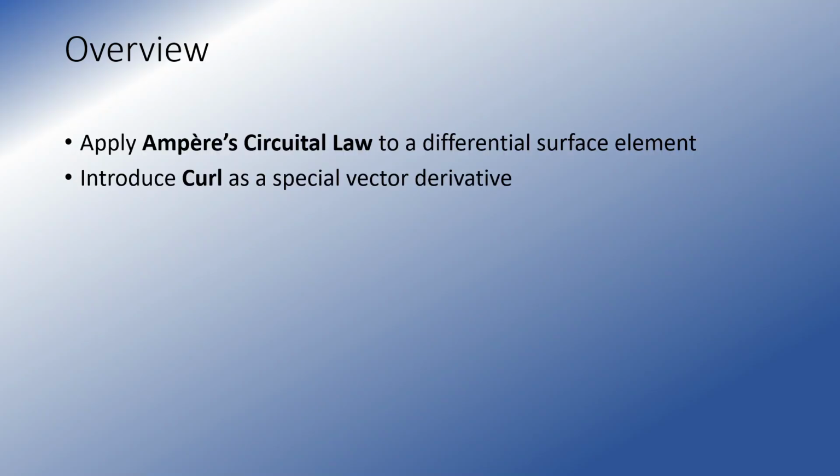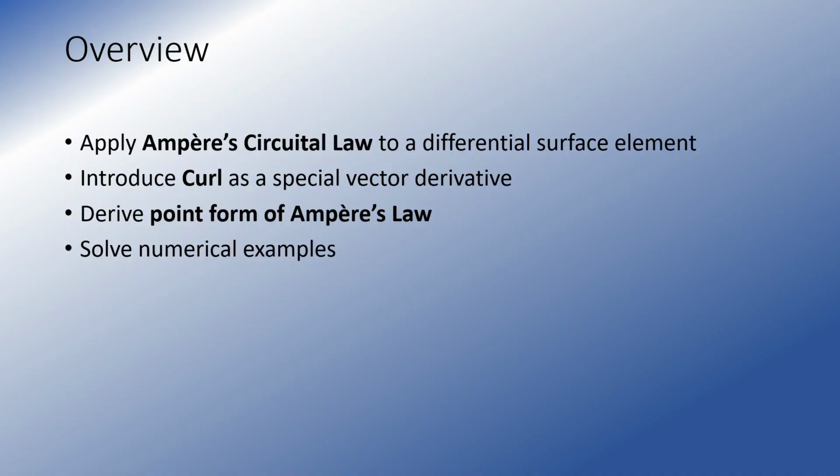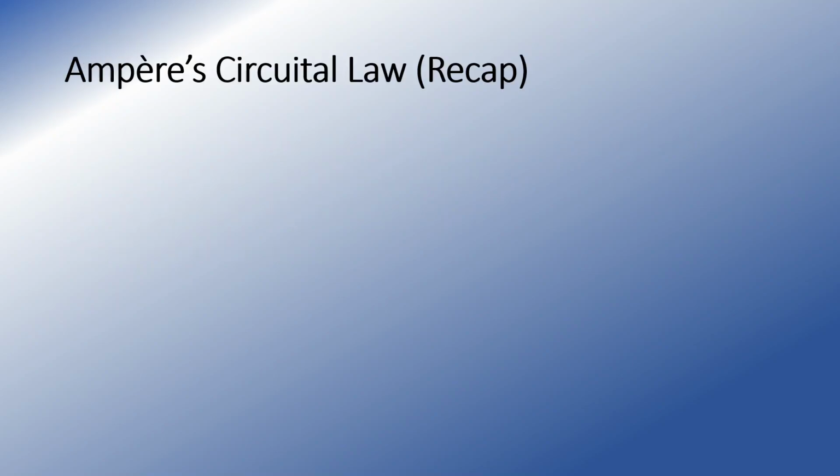We will begin by applying Ampere's circuital law to the perimeter of a differential surface element, and then we will introduce a special vector called curl, which is a derivative of a vector, and then we go for the point form of Ampere's circuital law. Then we will solve a numerical example and take some homeworks.